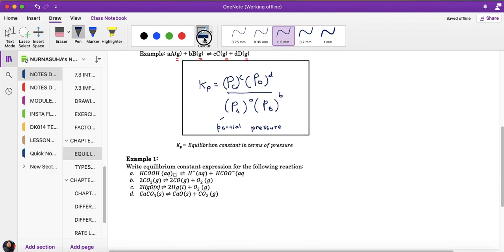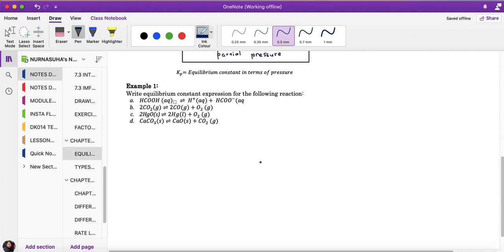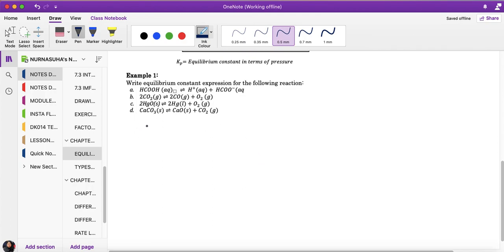Next, write the equilibrium constant expression for the following reactions. Let me show you the first one, A. We first study the species. All are in the aqueous phase, so we will be using Kc. We cannot use Kp because Kp is for gaseous species.